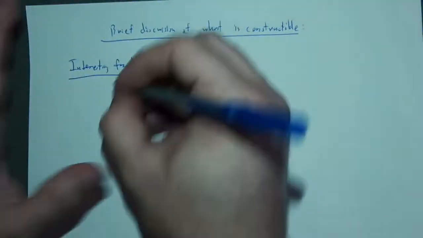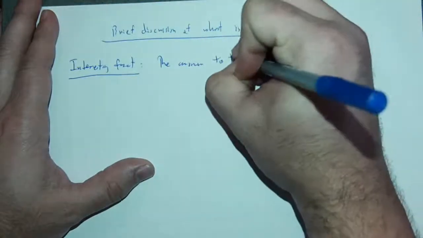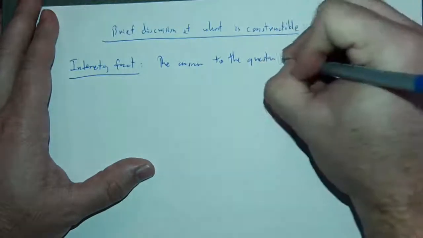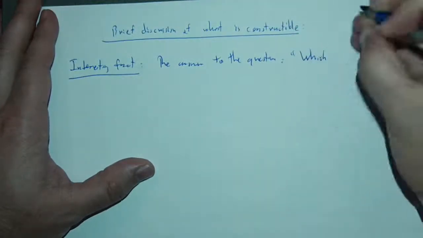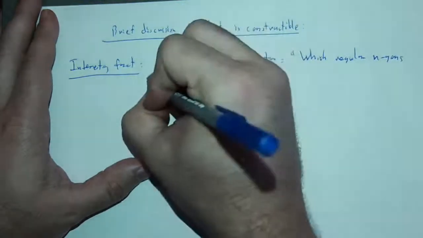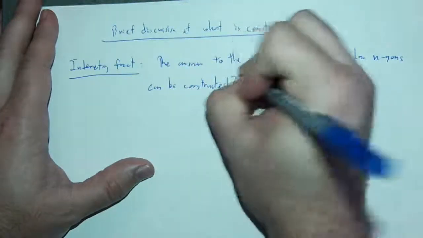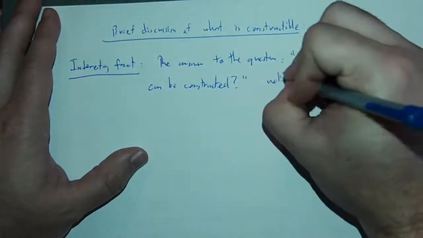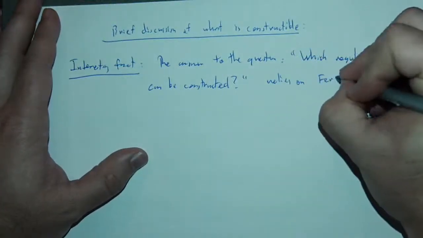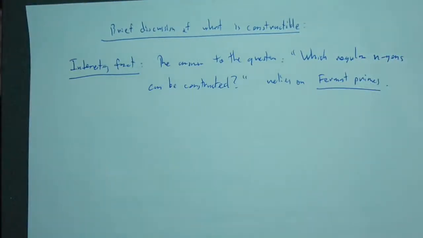The answer to the question, which regular n-gons can be constructed, relies on Fermat primes. What are Fermat primes? I mentioned these before. A Fermat prime looks like the following.